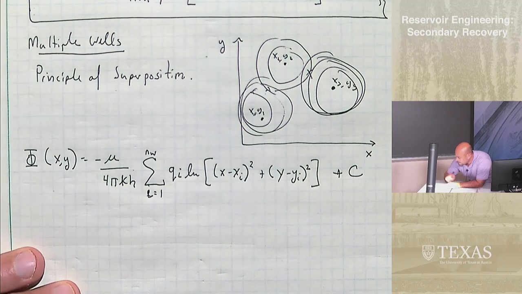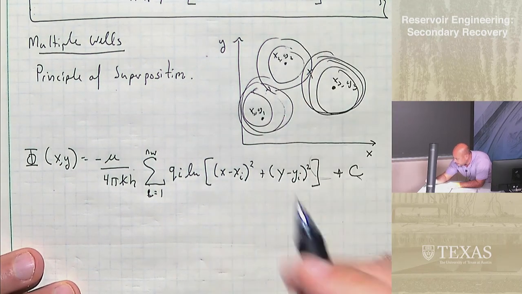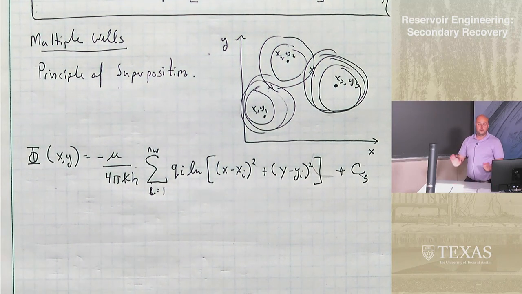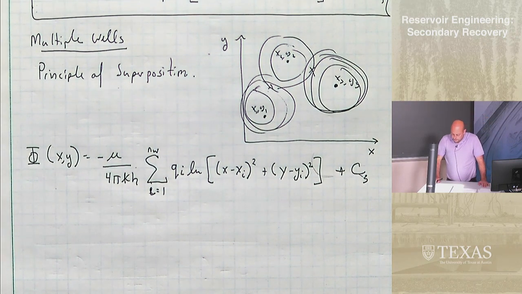Okay, doesn't matter what I call it. I think I called the last one C2. I can call this C3 or just leave it as C. It doesn't really matter. The point is it's a constant of integration.